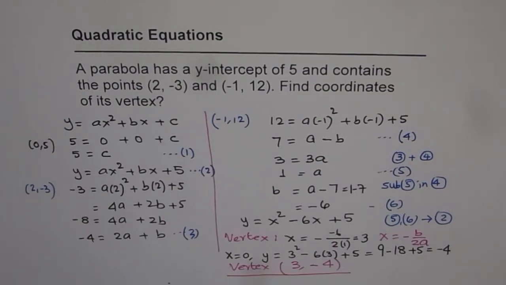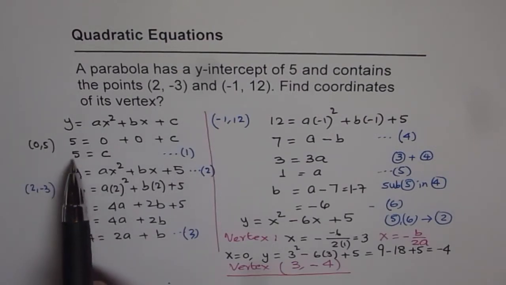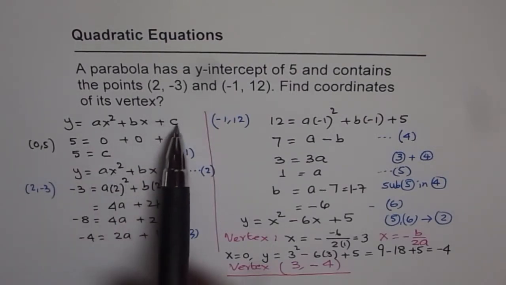So let's go through this solution once again. We are given 3 points for the quadratic function. The first one is the y-intercept, which is (0, 5). The others are (2, -3) and (-1, 12). From the y-intercept we got the value of c, so c is always the y-intercept.